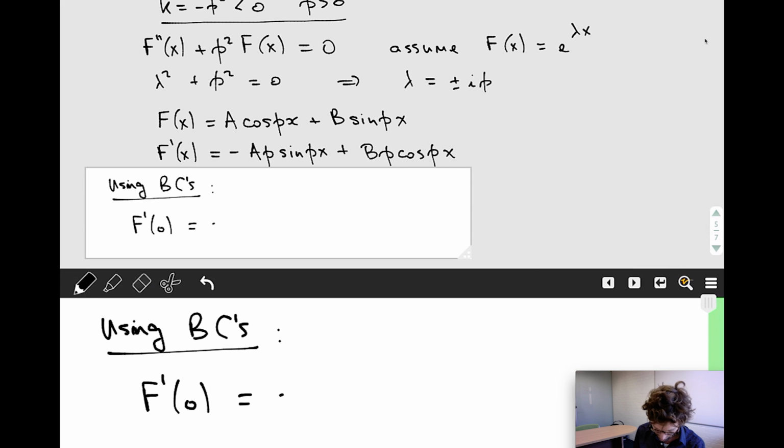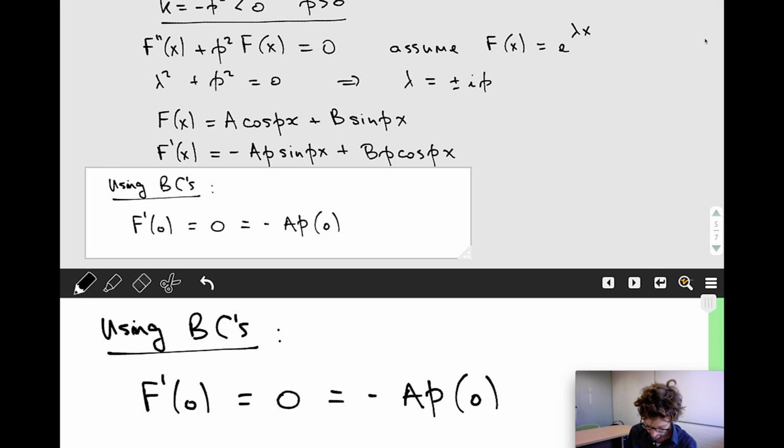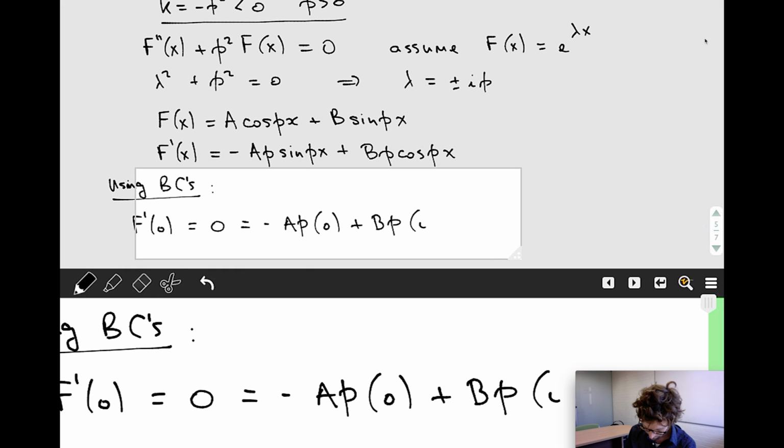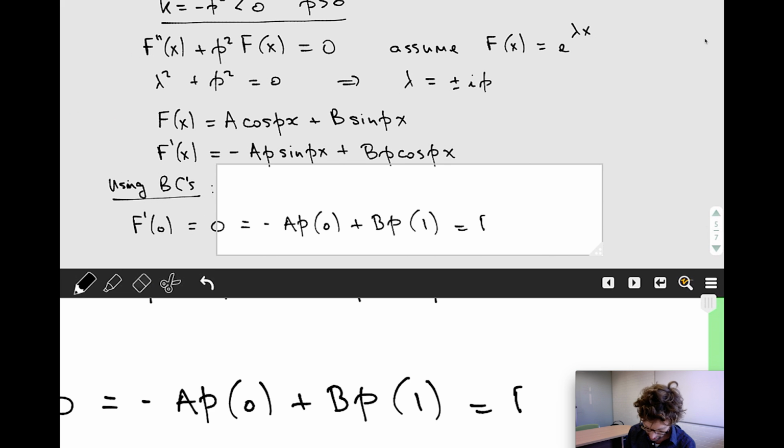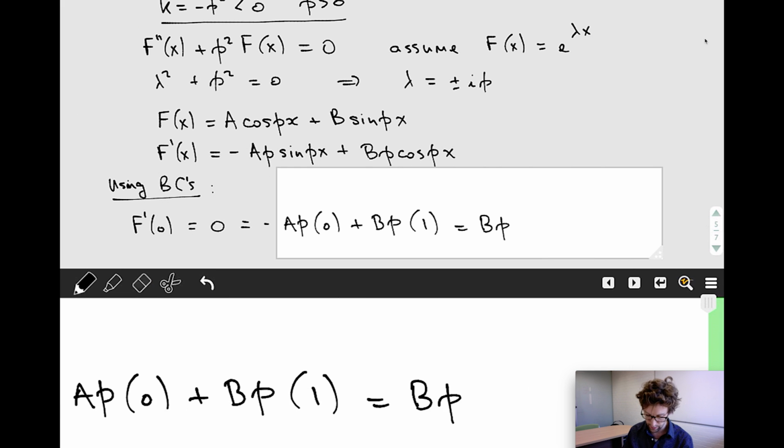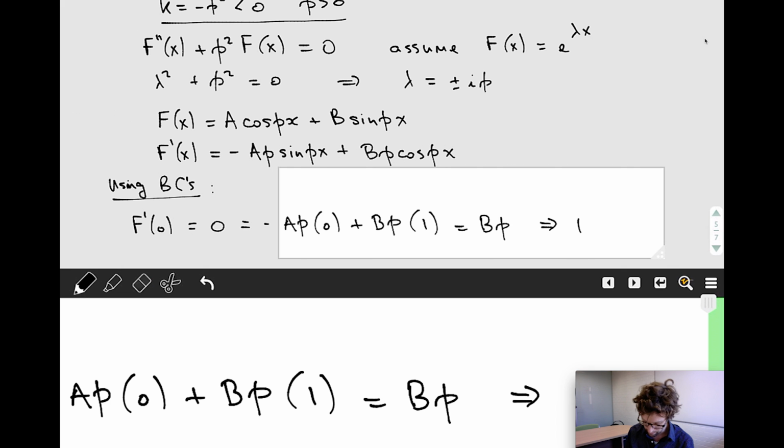So at x is equal to 0, substituting x is equal to 0, and here we're going to get minus a times p times sine of 0 plus b times p times cosine of 0, which leaves me with b times p. And since p can't be equal to 0, we find that b must be equal to 0.